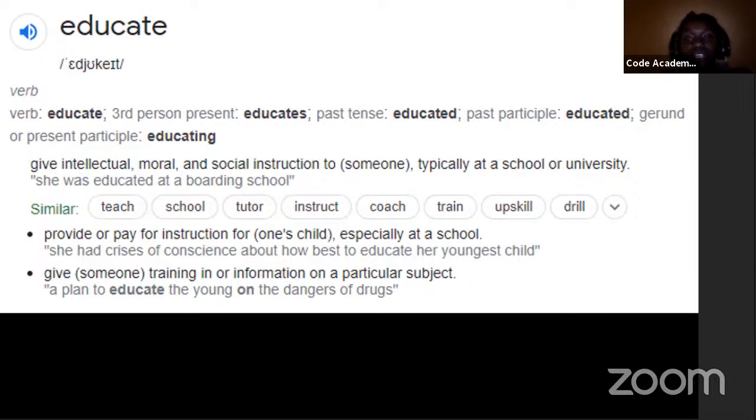So educating with Scratch means you are informing someone. In this case, it's going to be the people viewing your project. You're informing them about something on a particular subject. You're giving them information about something. So that's what educate means.